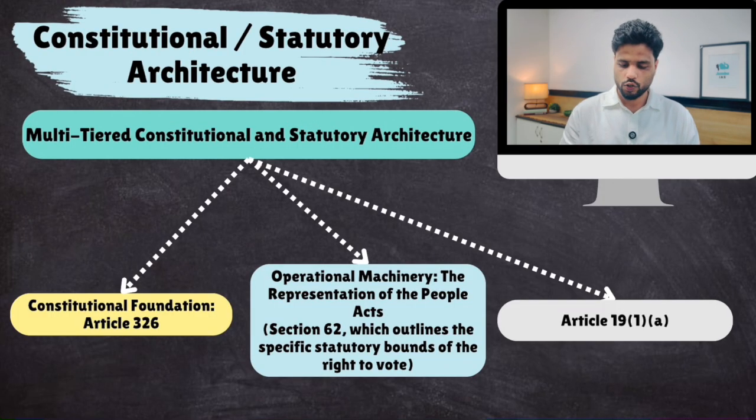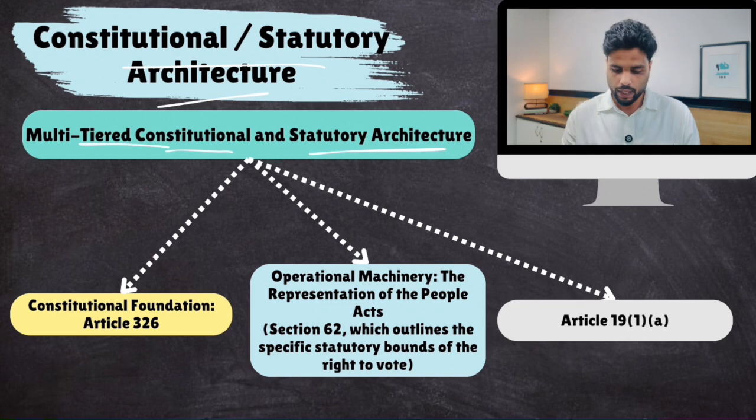Okay. So the constitutional architecture is like this: a multi-tiered constitutional and statutory architecture. The root of the right to vote comes from Article 326, which says that every citizen in India, irrespective of caste, creed, color, religion, has the right to vote.